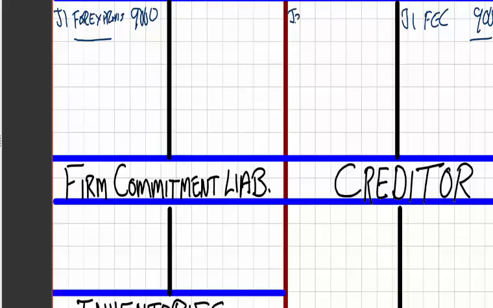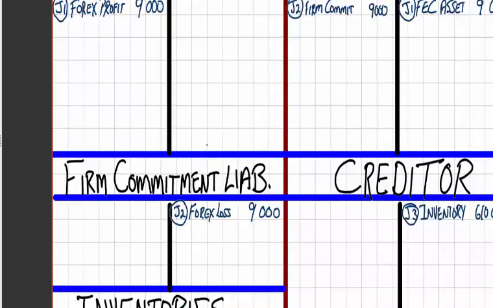So journal number 2 will be your firm commitment 9,000, and your forex loss, and that is 9,000. So now you've brought that into your books. And remember now to do the creditor and the debtor, the inventories and the creditor as well on this date. And there we've done the inventories and the creditor as well.